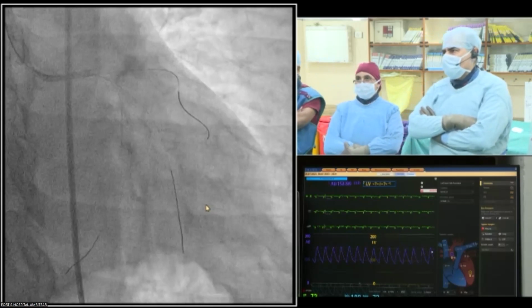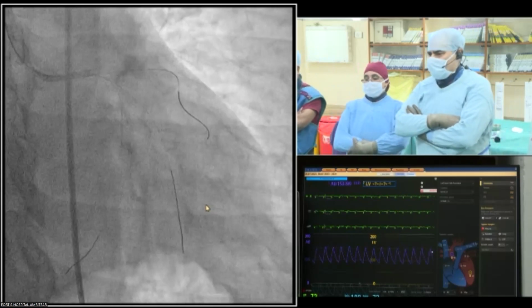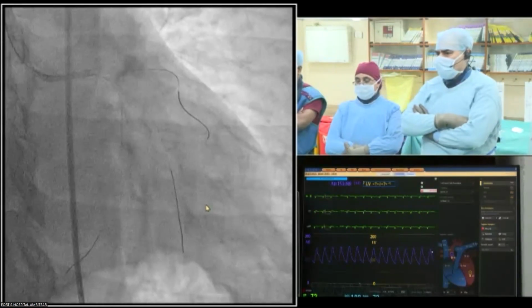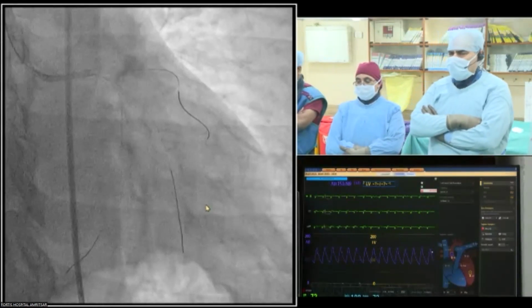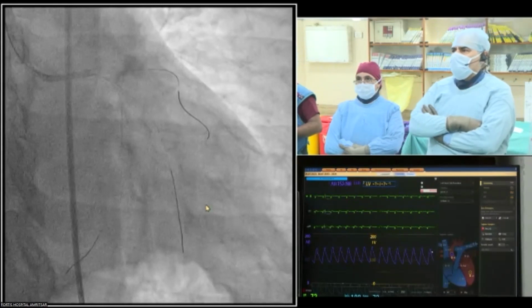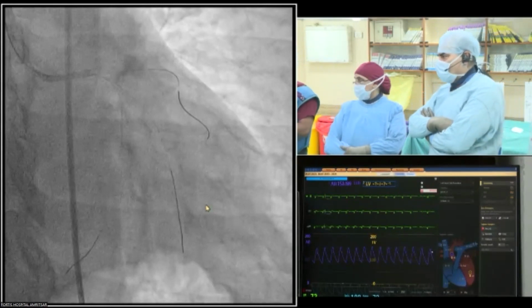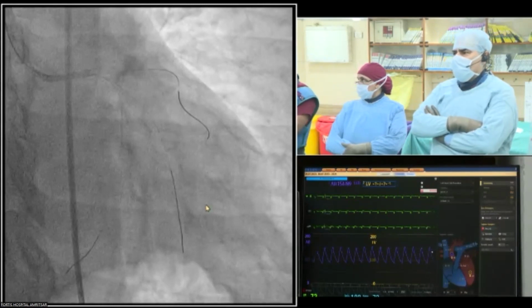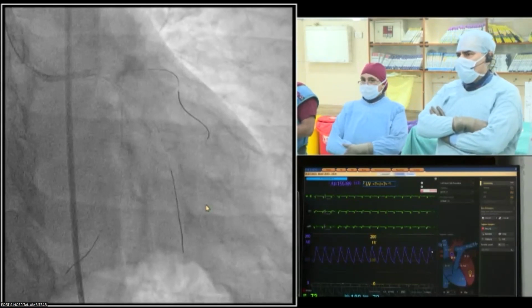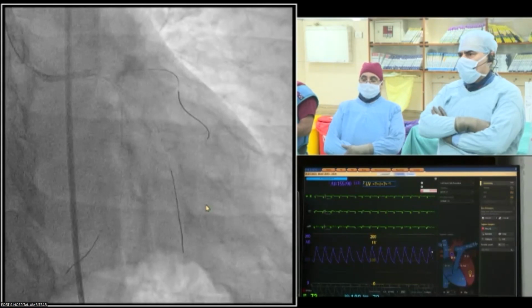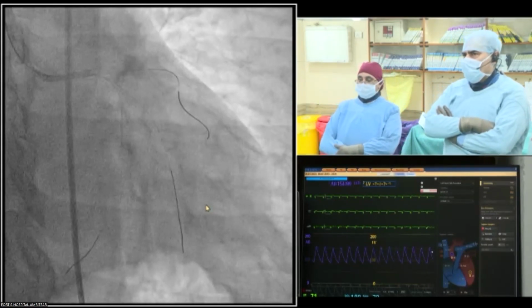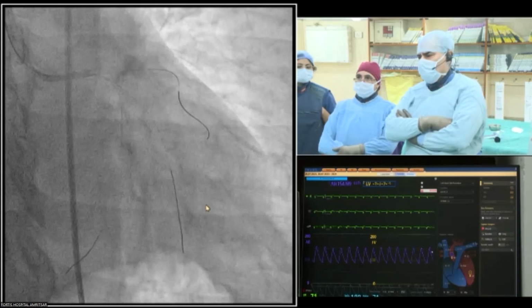Ramesh, what is your opinion? I think there's more chance of dissection with the NC. If you're going to go with cutting, I would just go with the cutting balloon and then see. If the stent struts, as in the first question that you asked me, are hanging into the left main, you have to open up the stent strut into the LAD. That's what I believe, because the LAD is definitely a much bigger vessel than the circumflex. With 1.4 millimeters in the LMCA, you put a wire.